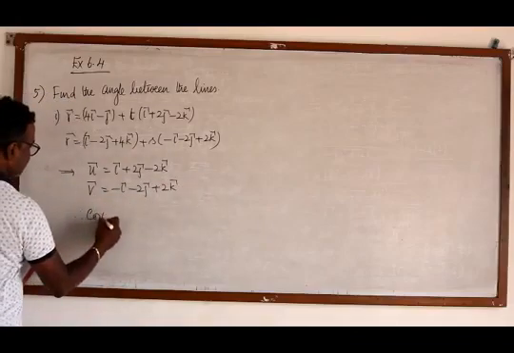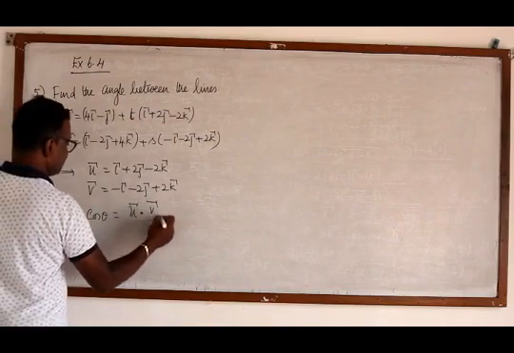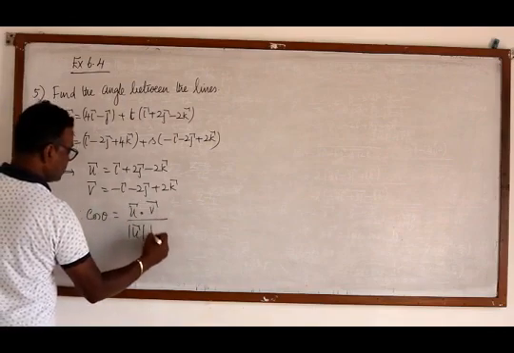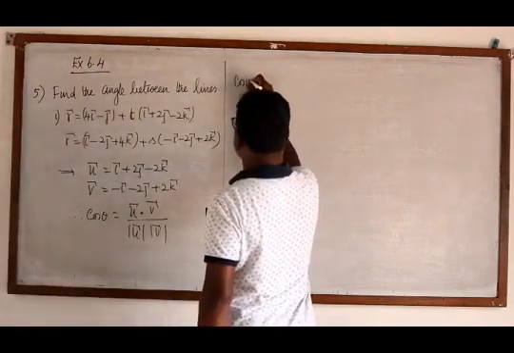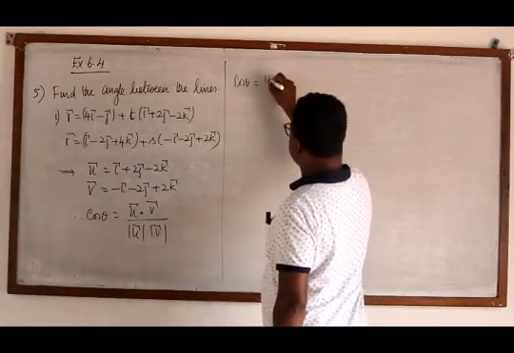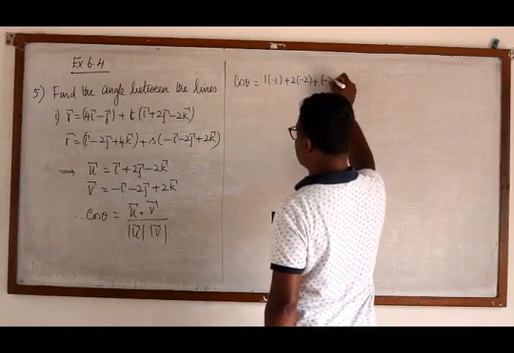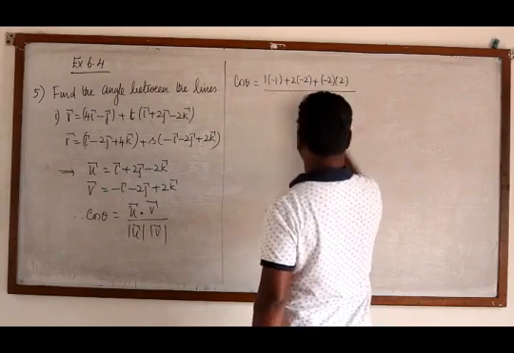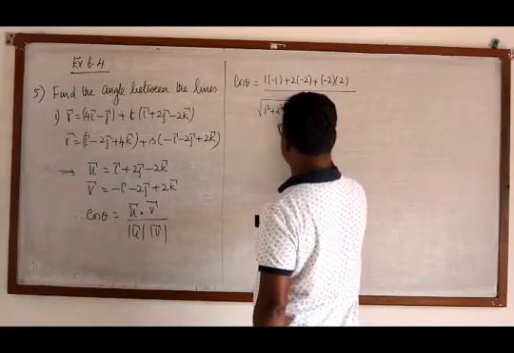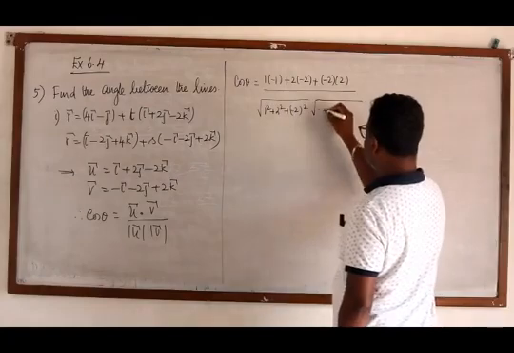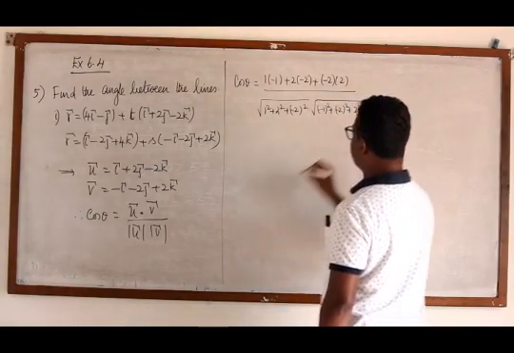Then cos theta equal to u vector dot v vector by modulus of u modulus of v. Therefore, cos theta equal to 1 into minus 1 plus 2 into minus 2, then minus 2 into 2, by root of 1 square plus 2 square plus minus 2 the whole square, and this is minus 1 the whole square plus minus 2 the whole square plus 2 square.